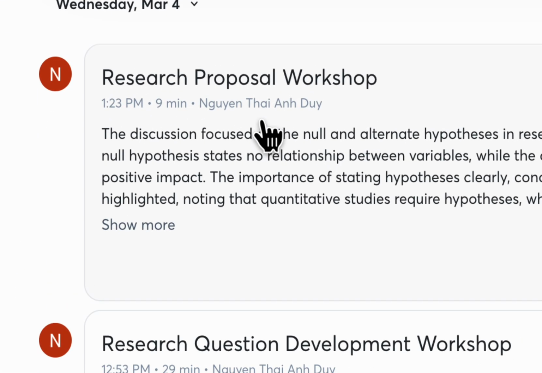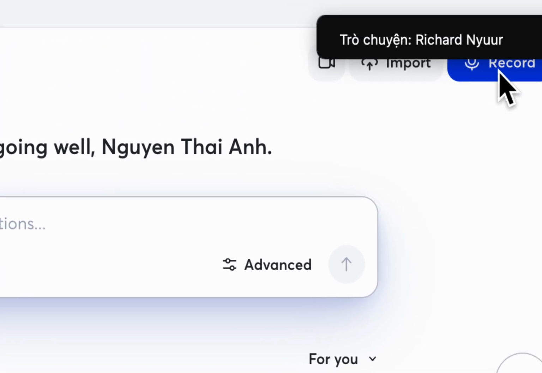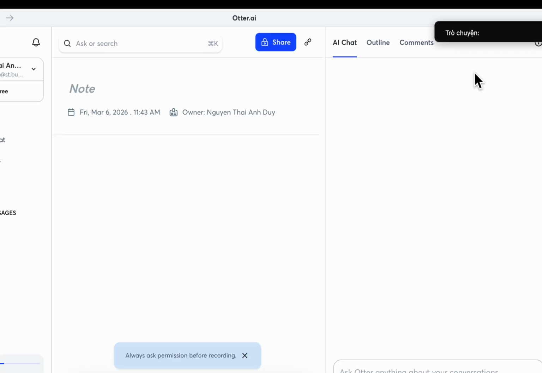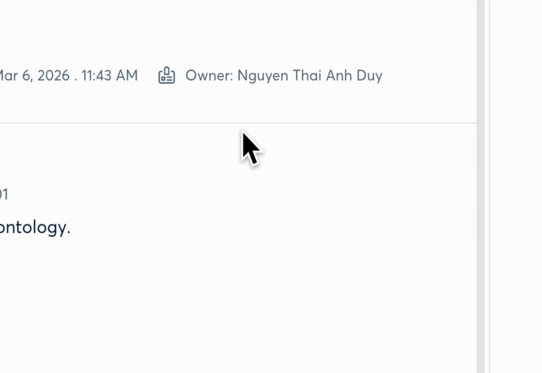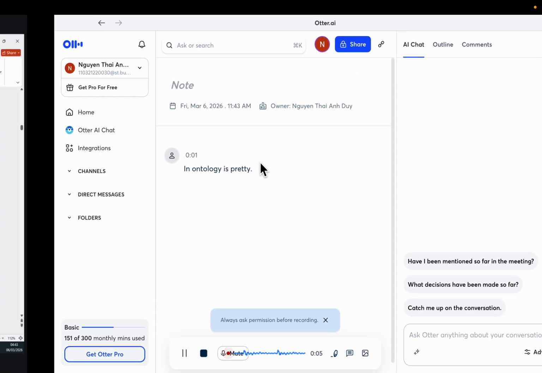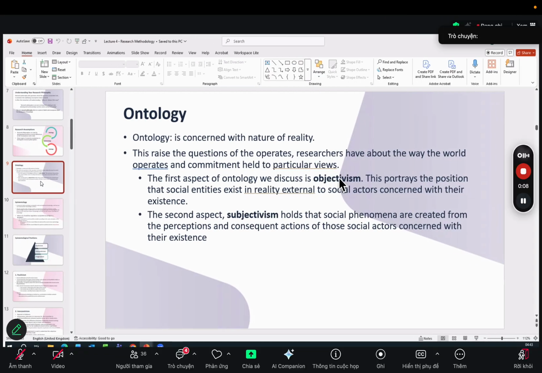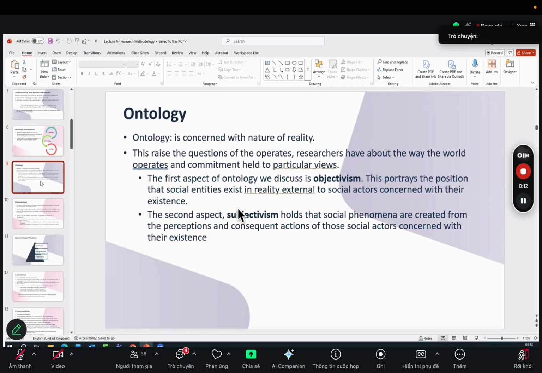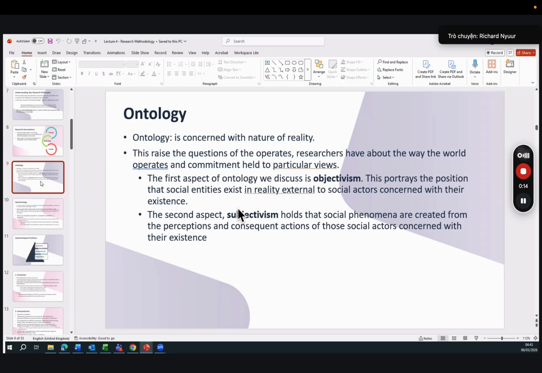So for ontology, ontology is pretty much concerned about the nature of reality. The nature of reality.